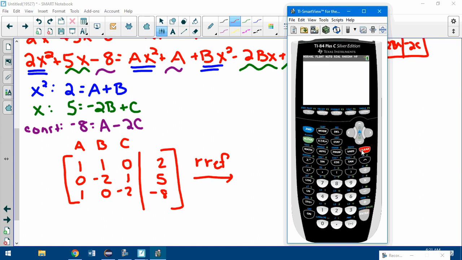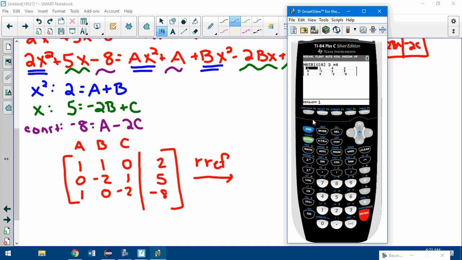So remember how to do this. You go to second matrix, edit, use A again. This time it's a 3 by 4 matrix, which mine's already set up to be. Then I can start typing in 1, 1, 0, 2, and then 0, negative 2, 1, 5, and finally 1, 0, negative 2, negative 8.